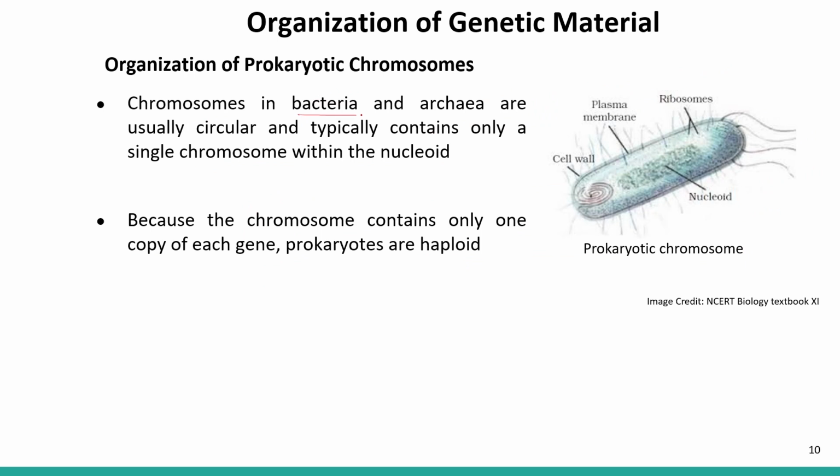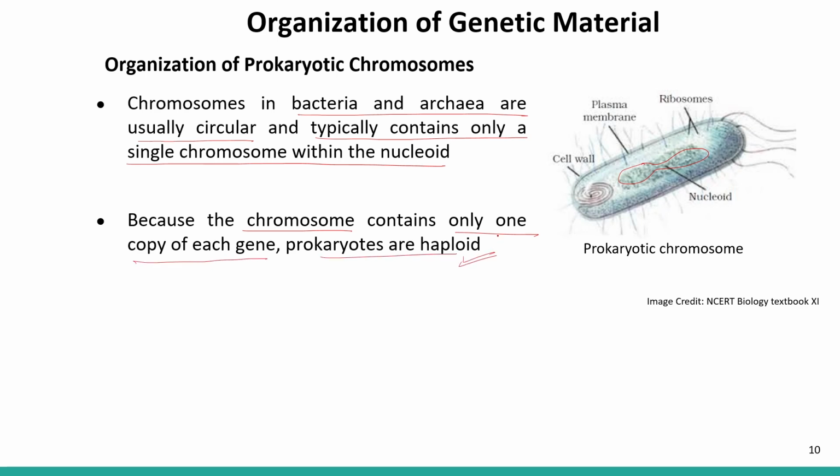Chromosomes in bacteria and archaea are usually circular and typically contain only a single chromosome within the nucleoid. Only this is the single chromosome present inside the nucleoid. Because the chromosome contains only one copy of each gene, prokaryotes are haploid.